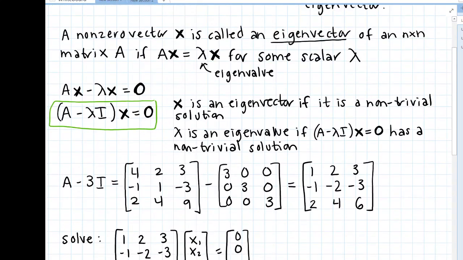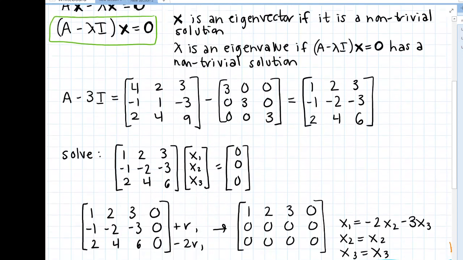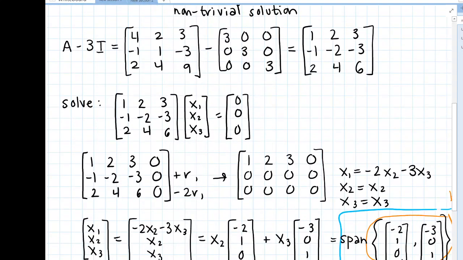Looking at the equation that's boxed in green here, when you're trying to find eigenvectors, you're essentially finding the null space of a matrix, right? We're finding the null space not of A, but of A minus lambda I. So going back to this line where it says solve, by setting up this matrix and then solving, we were finding the null space of A minus 3I.